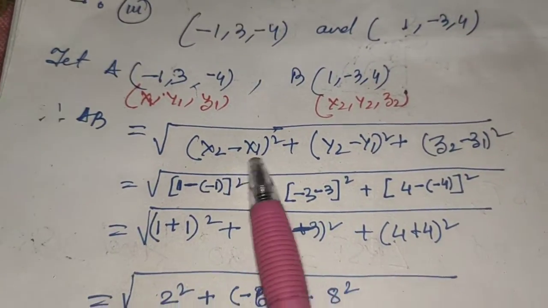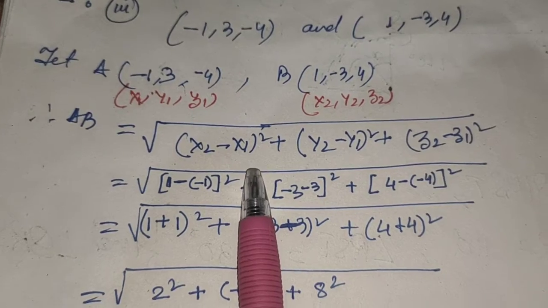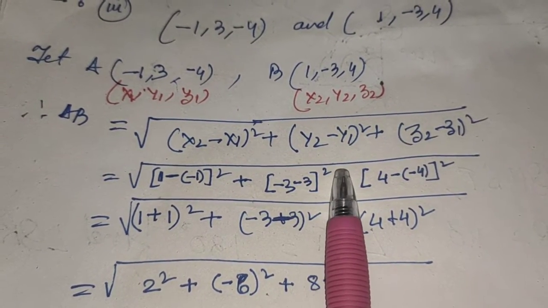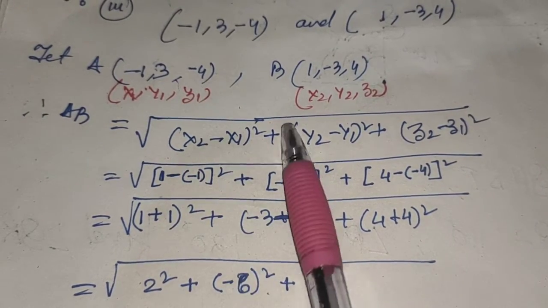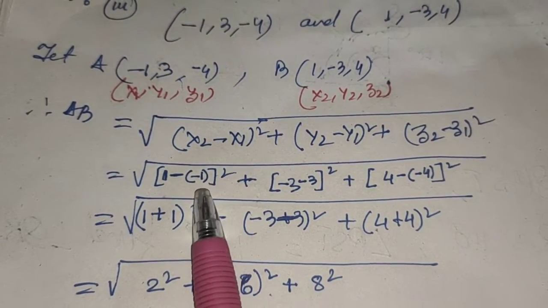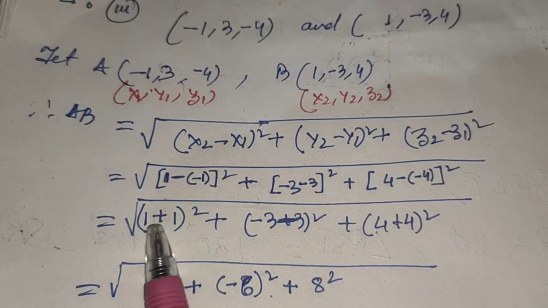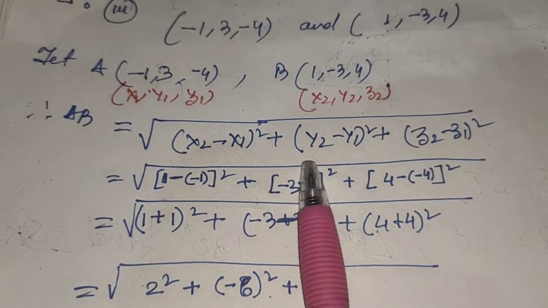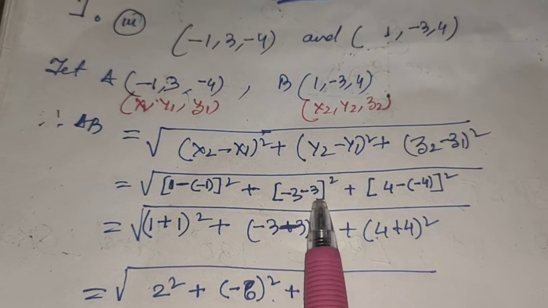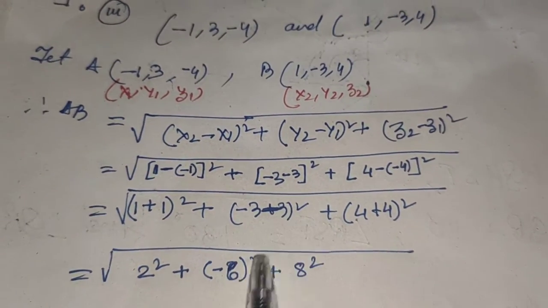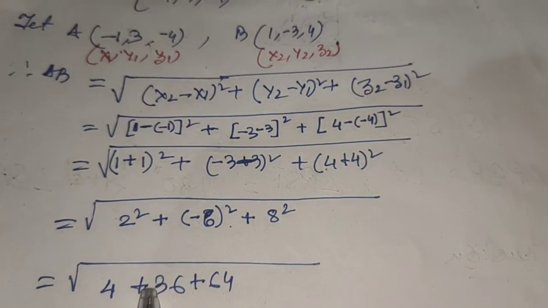So we know that the formula is the square root of (x2 minus x1) whole square plus (y2 minus y1) whole square plus (z2 minus z1) whole square, and let us put in the values. x2 is 1, x1 is -1, so 1 minus (-1) means 1 plus 1, which is 2 squared. Then y2 is -3 and y1 is 3, so -3 minus 3 is -6, and -6 whole square is 36.